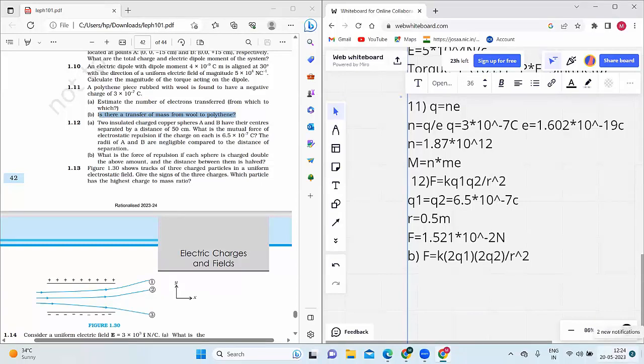And the distance between the two objects is half, so R becomes R by 2.